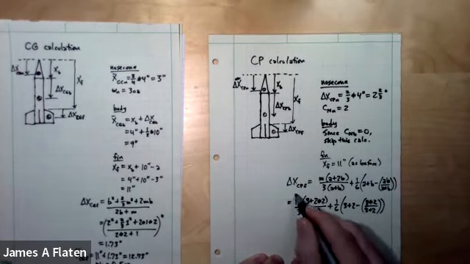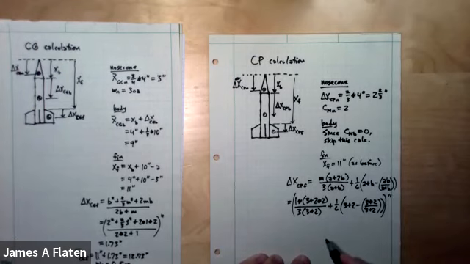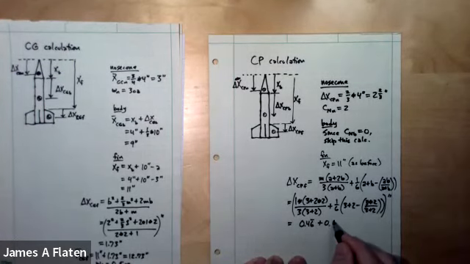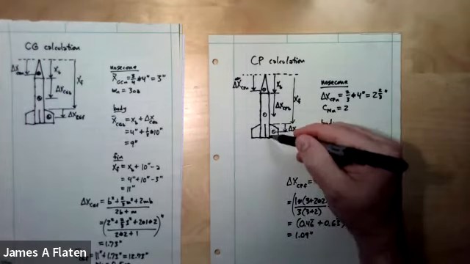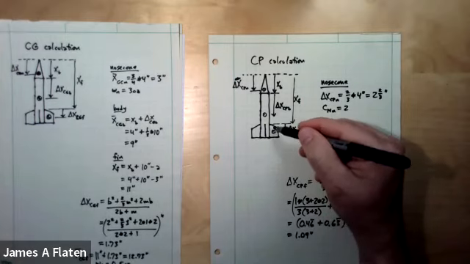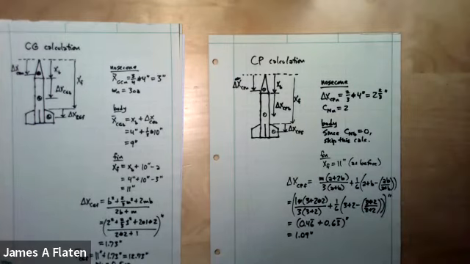And this entire thing will be inches. This turns out to be 0.46 recurring. This turns out to be 0.63 recurring inches. So it's 1.09 inches. Again, that kind of makes sense. This is 3 inches tall, and so a little bit over 1 inch in is the location of the center of pressure for each fin.